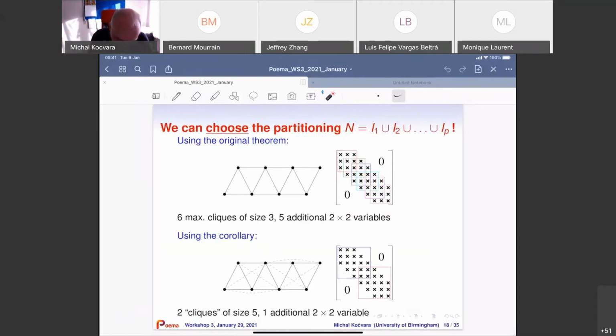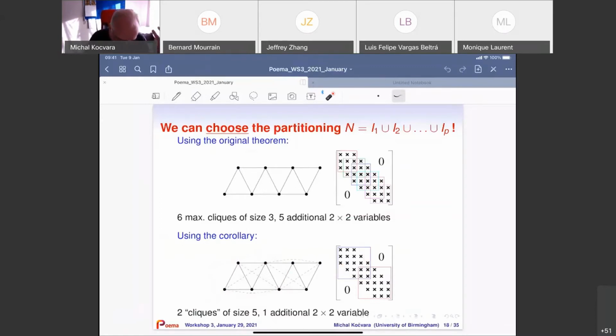But using the corollary, we can say, okay, let's just split that set into 2 subsets. So let's assume that the maximal clique is actually that. So there are some fictitious chords there, assuming that these elements are potentially non-zeros.